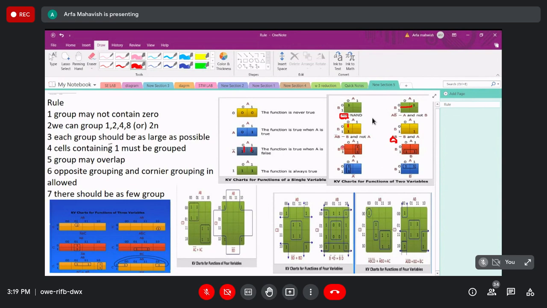This is the rule which you have to follow when you are solving these types of lengthy table KV charts. So it will be helpful. Look at here. If we have the opposite thing, 0 and 1, there is no combination. In this section there is a combination, 1 and 1. So that's why we are writing A over here.